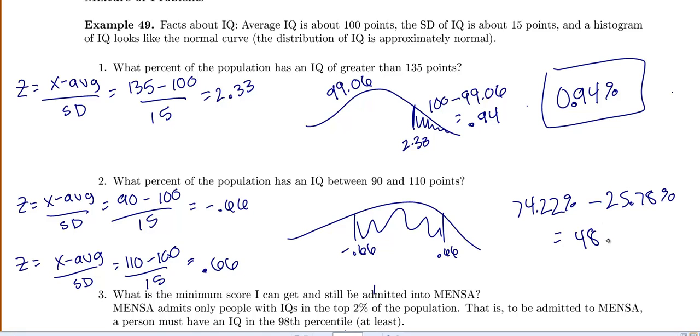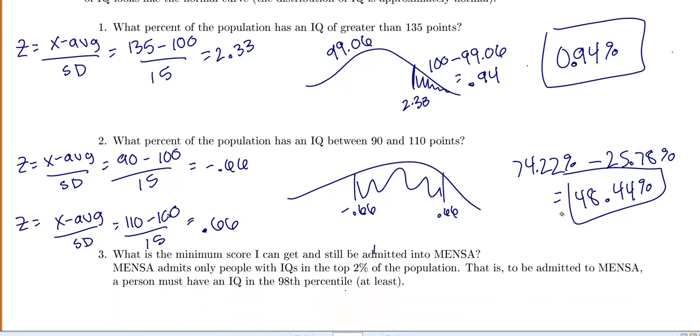This gives me 48.44%. So about 48.44% of people have an IQ between 90 and 110 points.